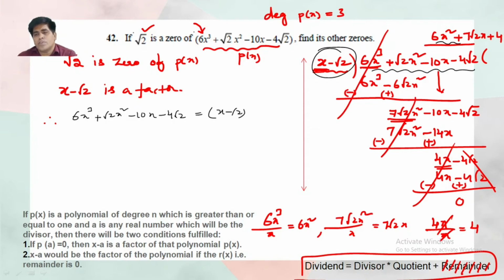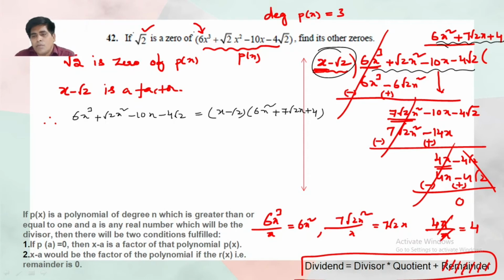What we got as the quotient here? This is the quotient: 6x square plus 7 root 2x plus 4. So the total expression we have written in this way: x minus root 2 into 6x square plus 7 root 2x plus 4. Now we will factorize this quadratic polynomial.